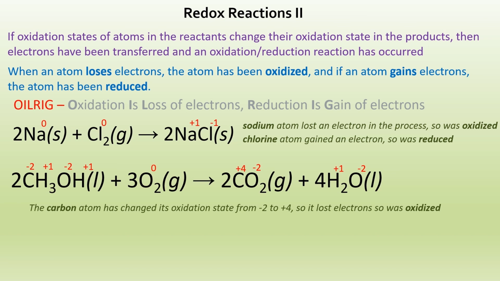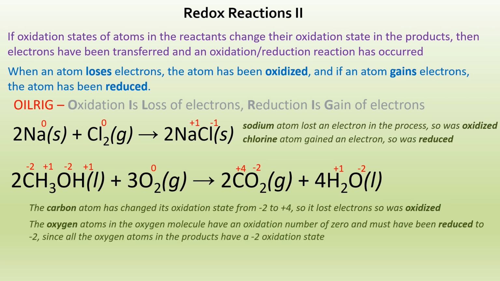Now looking at the carbon atom as we go from reactants to products, carbon has changed its oxidation state from -2 to +4, so it lost electrons, thus was oxidized in the chemical process. The oxygen atoms in the oxygen molecule had an oxidation number of 0 and must have been reduced to -2, since all the oxygen atoms in the products have a -2 oxidation state.